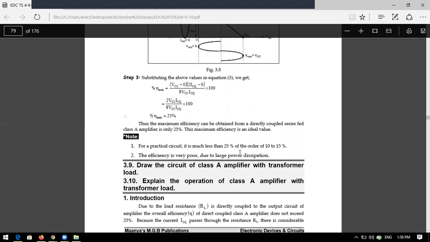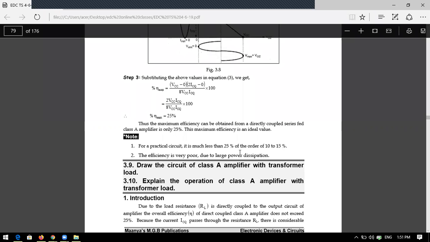In the practical case, if you connect it in the laboratory, you will not get even this much. Practically it is less than 25%, only about 10 to 15% efficiency in the class A power amplifier.